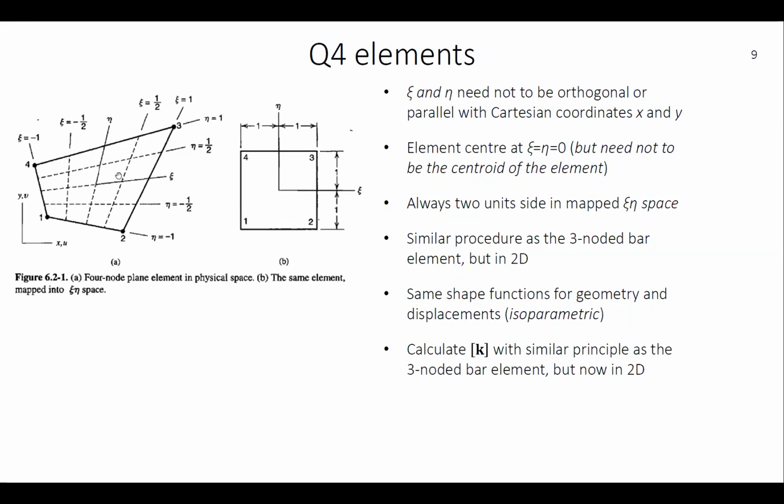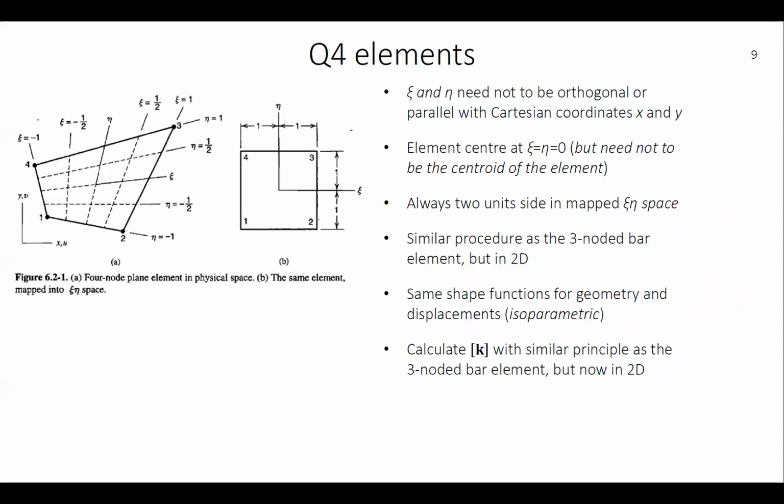And again, when we go from the physical domain, which we illustrate here, to the mapped domain, it has 2 by 2 units of dimensions. So similar again, we want to go from the physical domain to the mapped domain.